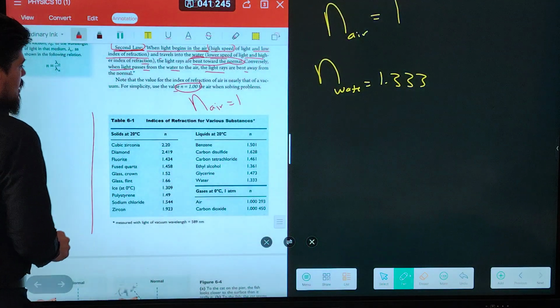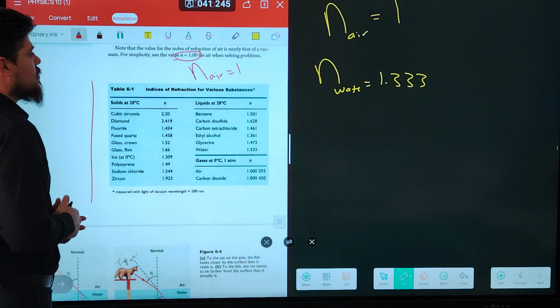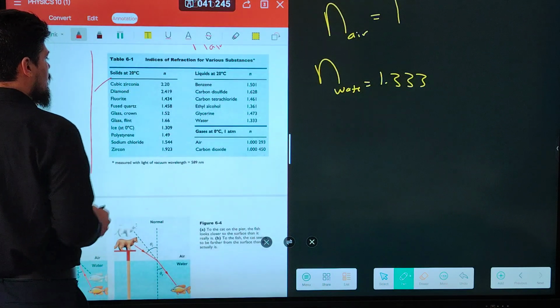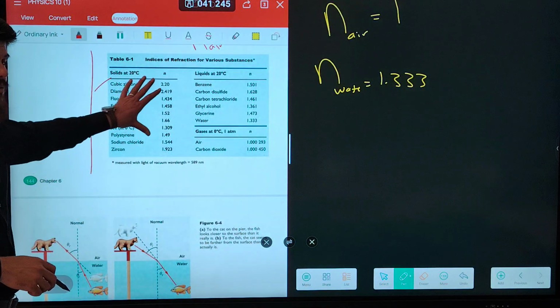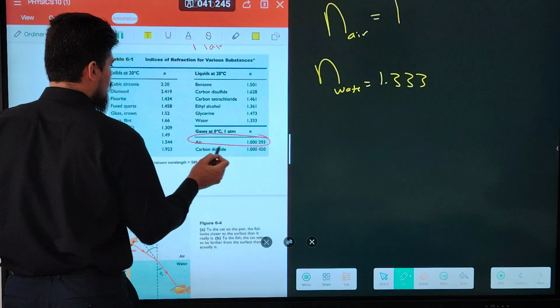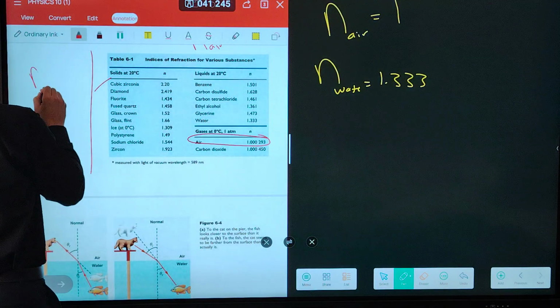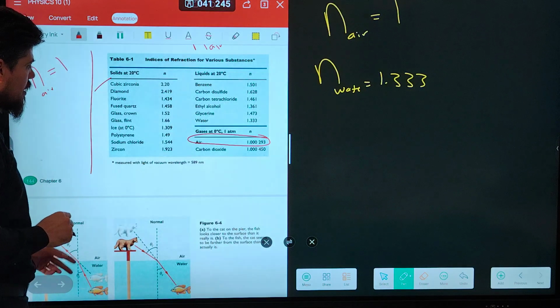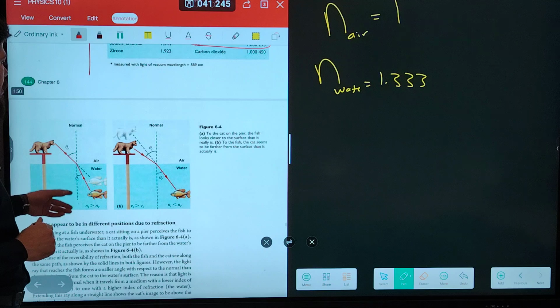This table gives the index of refraction for some substances, like zirconia, diamond, fluorite. It should be given for solving questions. Only the index of refraction for air is not given in the question; you have to memorize it. n for air is equal to 1. The others must be given, okay?